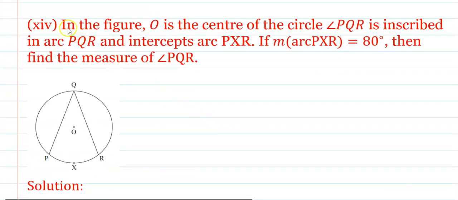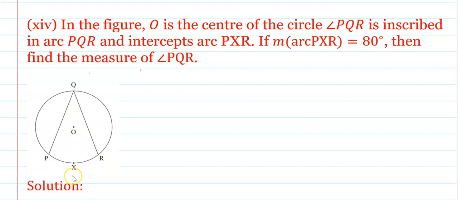Okay. Now the next. O is the center of the circle. Angle PQR is inscribed in arc PQR and intercepts arc PXR. If the measure of arc PXR is equal to 80 degree, then the measure of angle PQR is 40 degree.